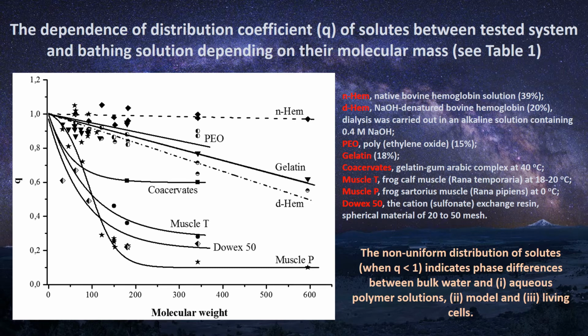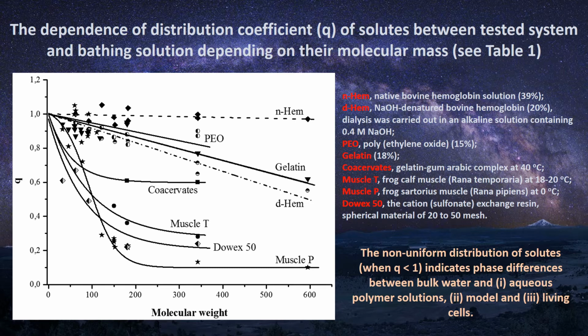Why? I talked about the fact that secondary structures of protein are hydrophobic and are not able to interact with water. This is the case of native hemoglobin. 80% of the amino acid residues of its 4 subunits are included in alpha helices.